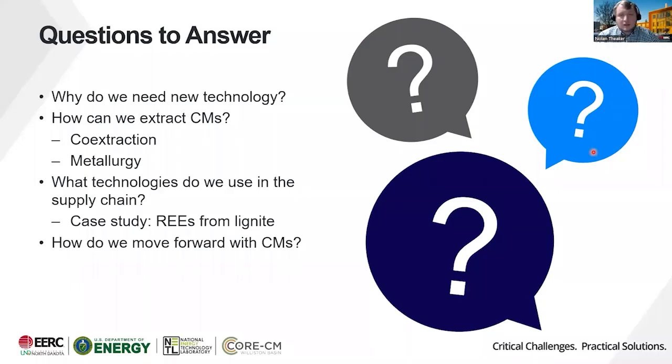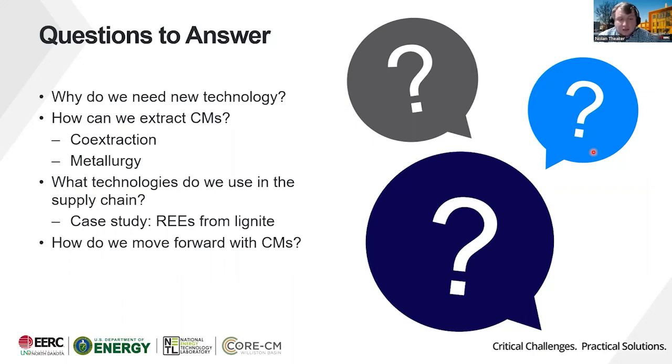Hopefully the slides advance. So some of the questions we want to answer today on the webinar are, why do we need new technology for critical minerals and mineral extraction? How can we extract these critical minerals, both from somewhat of a business sense of coal extraction and co-products, as well as from metallurgy? What does metallurgy mean? What are the types, and how do we get it?